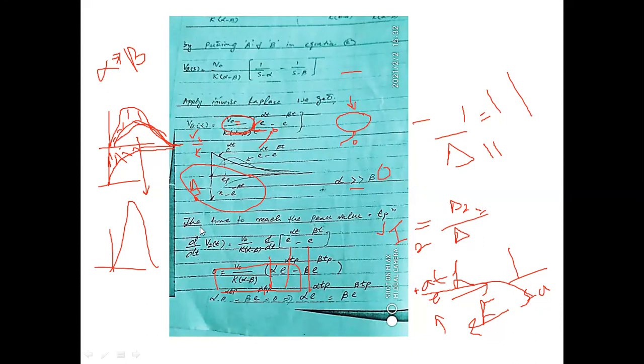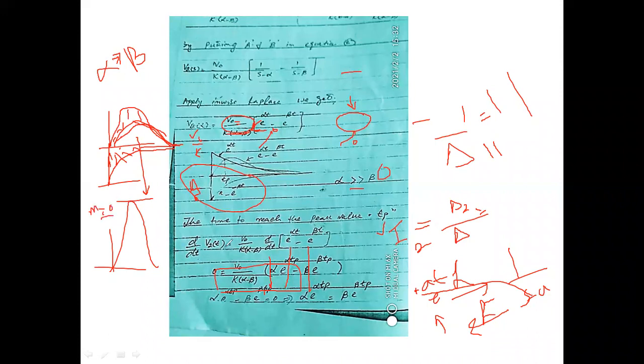Okay, now in order to find the tp, the time required to reach the peak value, we have to find the derivative, and then we will put the derivative of this equal to 0, because the slope at the peak value is always equal to 0.